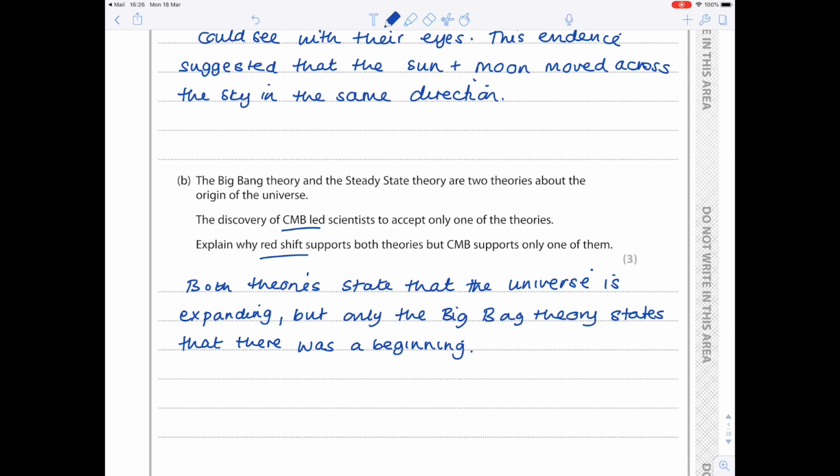And so if we now look at our pieces of evidence, let's first of all take redshift. Now, light from distant galaxies is redshifted, which means it has a longer wavelength, therefore indicating that these galaxies are moving further away from us. So actually, the redshift does indicate that the universe is expanding and therefore supports both the Big Bang theory and the steady state theory.